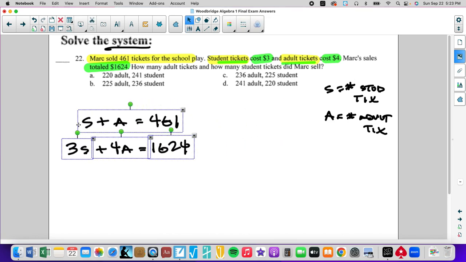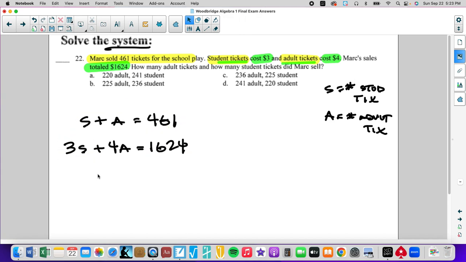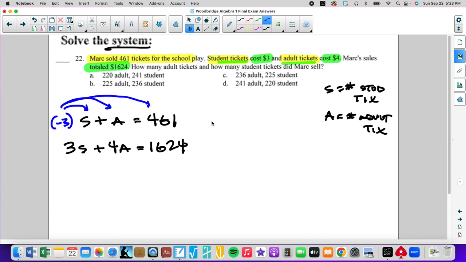I'm going to multiply this top equation by negative 3. And if I multiply everything by negative 3, even that value, I get negative 3s minus 3a equals negative 1,383.